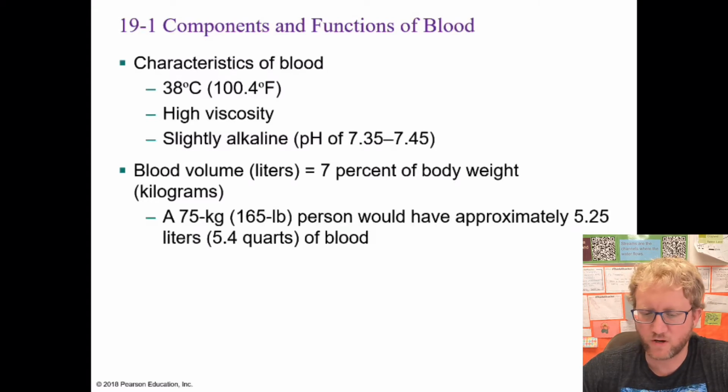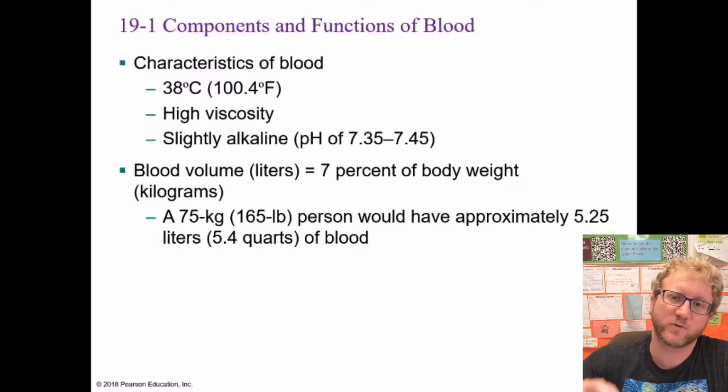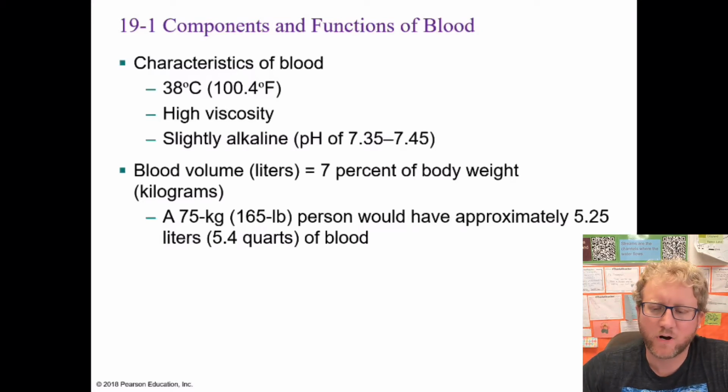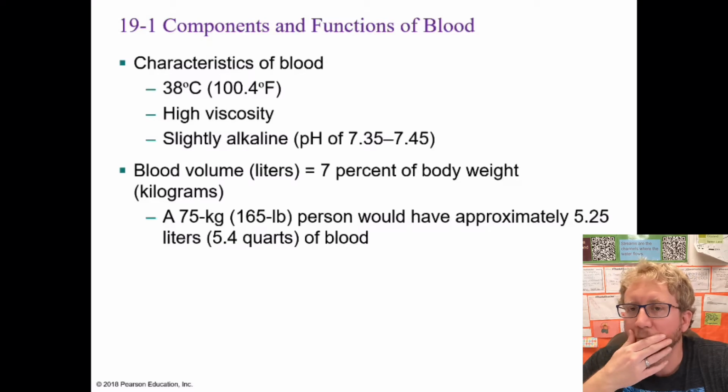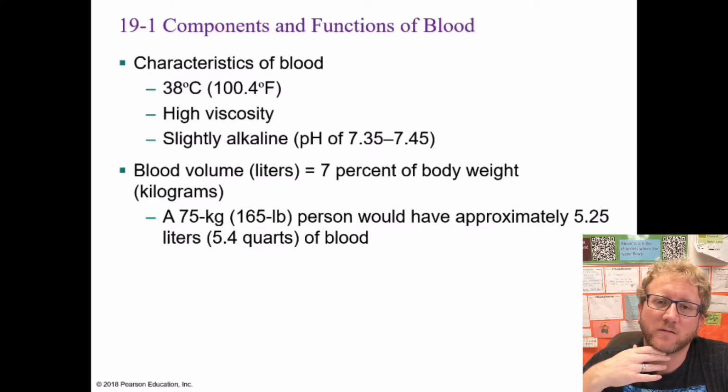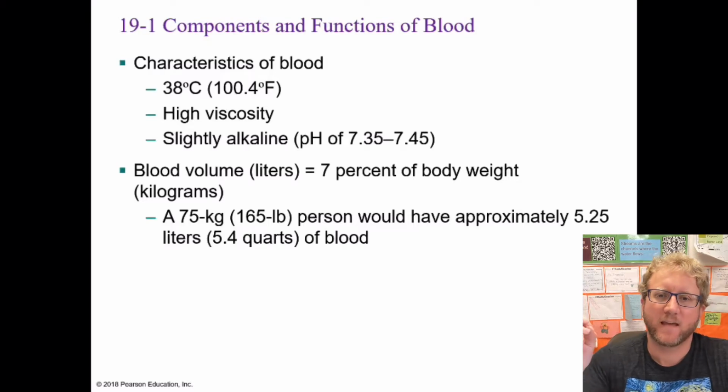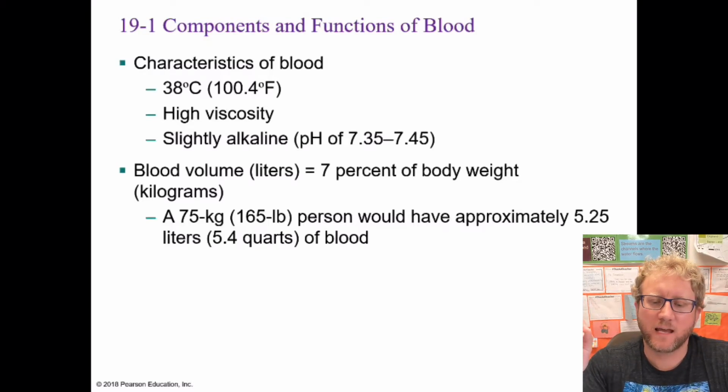Blood volume, as far as that is concerned, we have 7% of our body weight is just the blood. So a 165-pound person, which would be average, I guess, approximately has 5.25 liters of blood, which is 5.4 quarts of blood. Now, if you're donating blood, we donate by the pint.